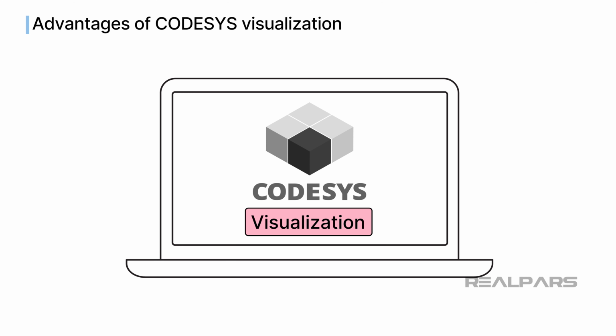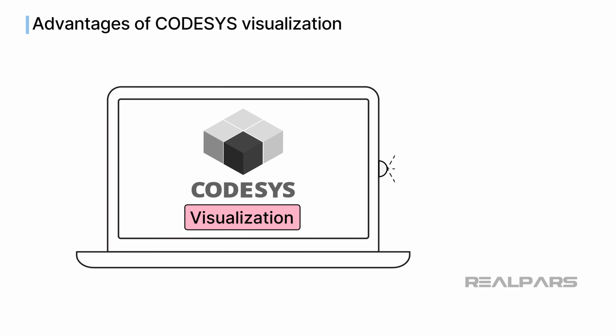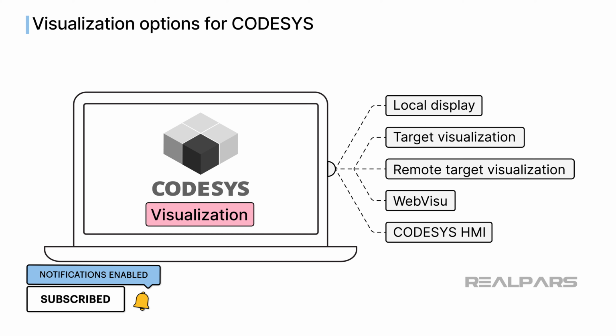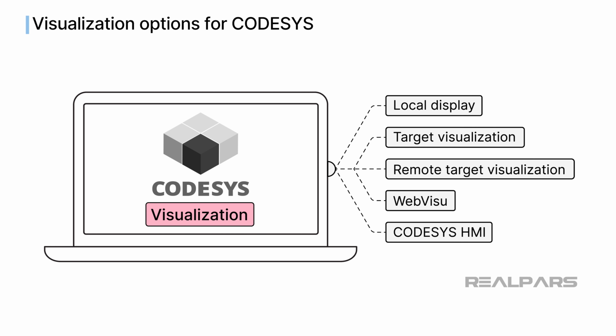Now that we know some of the advantages of using the built-in visualization system with CODESYS control applications, let's look at the many options that are available for deploying a visualization with CODESYS. CODESYS is very flexible when it comes to deploying visualizations.